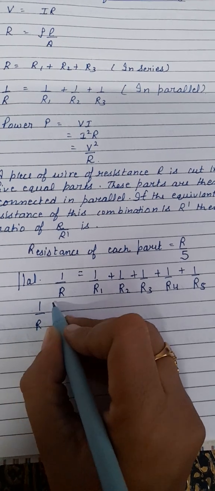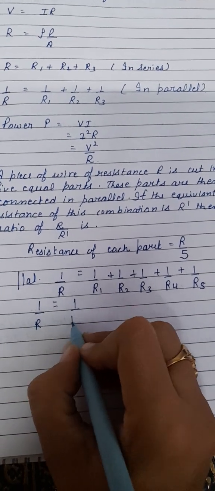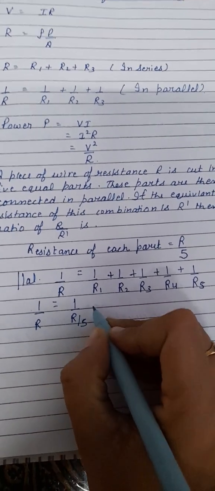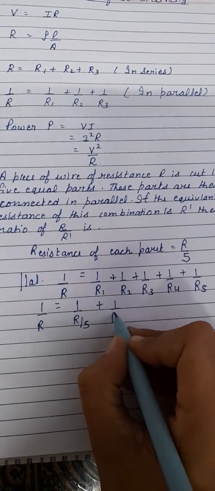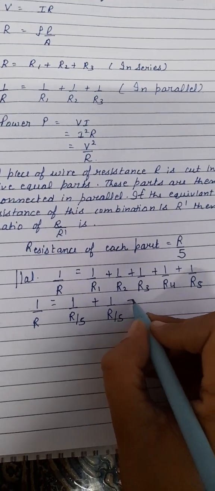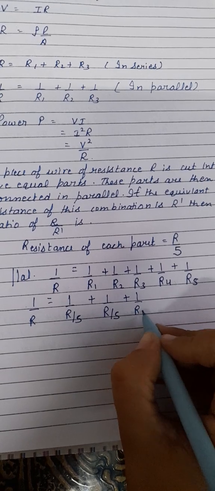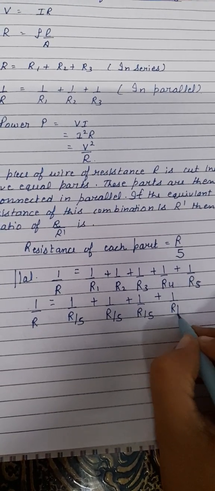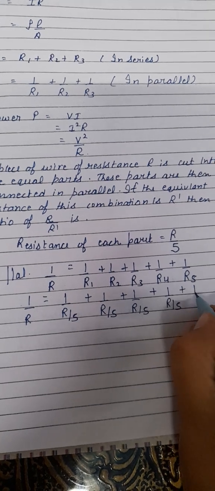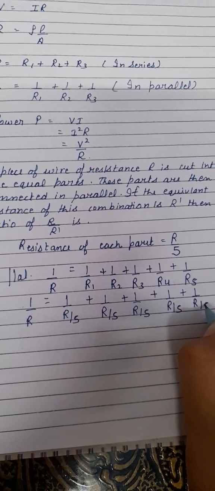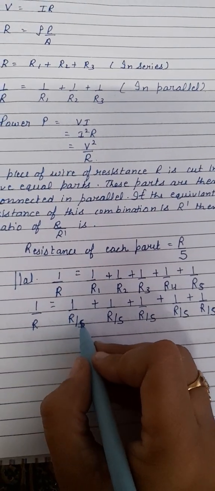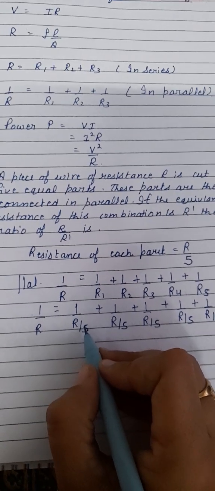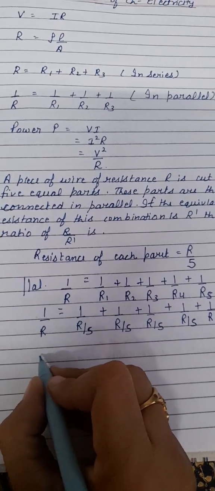Then 1 by R equals 1 over R over 5 plus 1 over R over 5 plus 1 over R over 5 plus 1 over R over 5 plus 1 over R over 5. Here R over 5 is in the denominator, so we have to shift it upward.